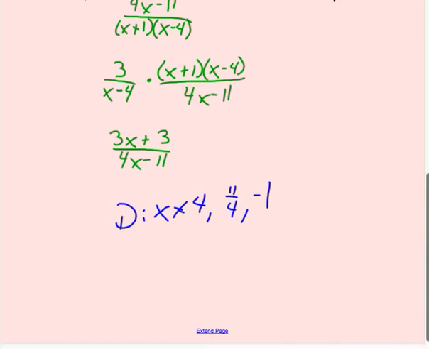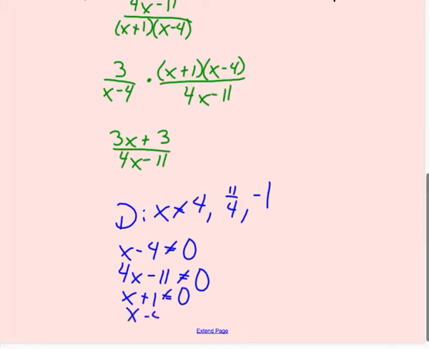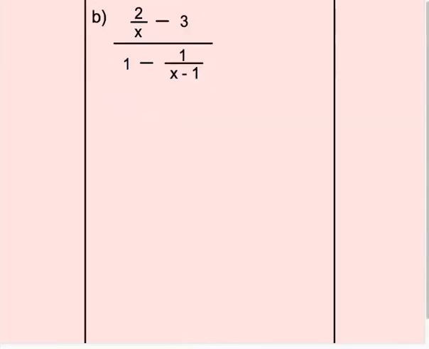And in case I lost somebody there, the three pieces were the denominator of the original numerator, the numerator of the simplified denominator, and the denominator of the denominator. So lots of pieces to think about with a complex fraction. We'll look at one more of those, and then we'll be done for this lesson.